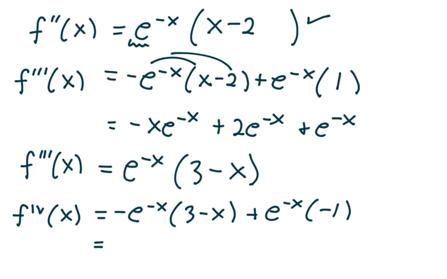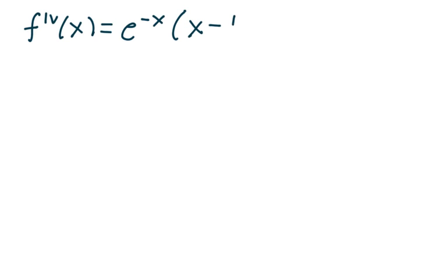And so we get negative 3 e to the negative x plus x e to the negative x minus e to the negative x. And so if I factor out that e to the negative x, the fourth derivative is e to the negative x times x minus 4. It will indeed be e to the negative x times x minus 4.